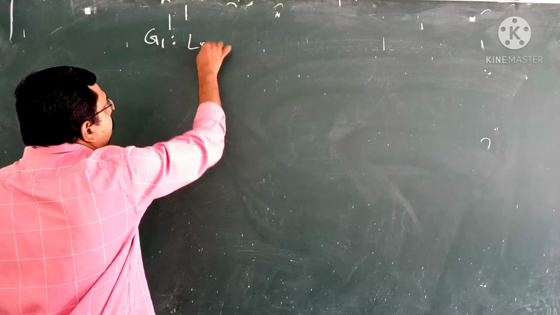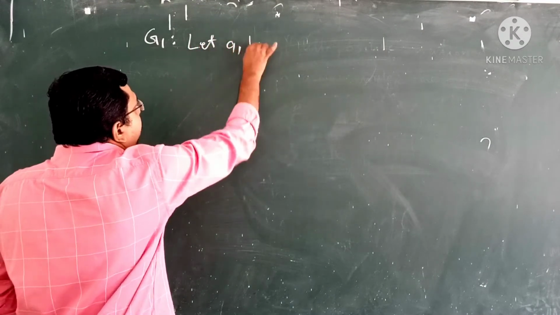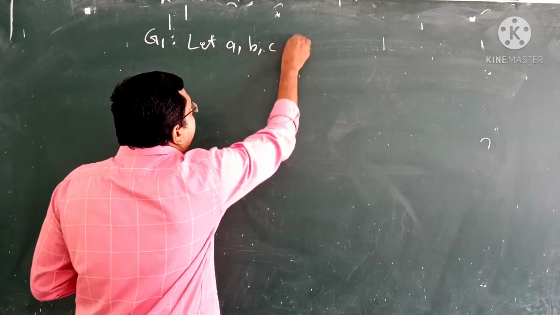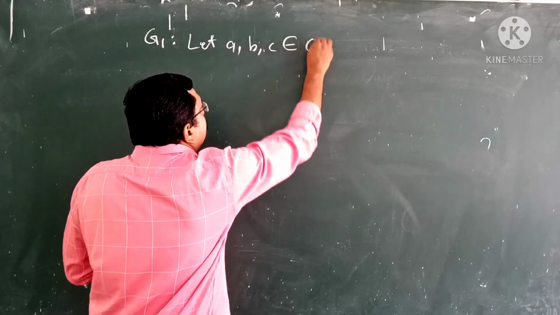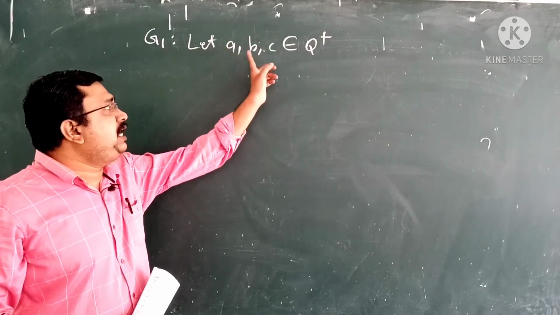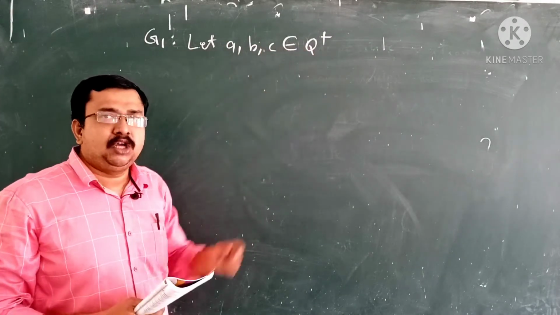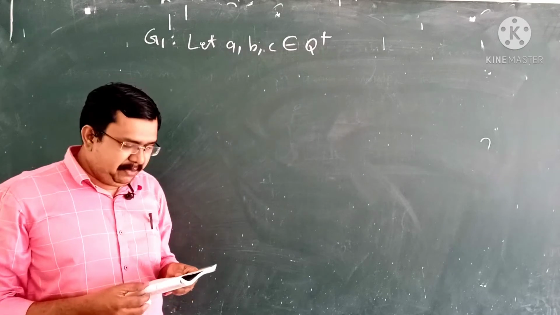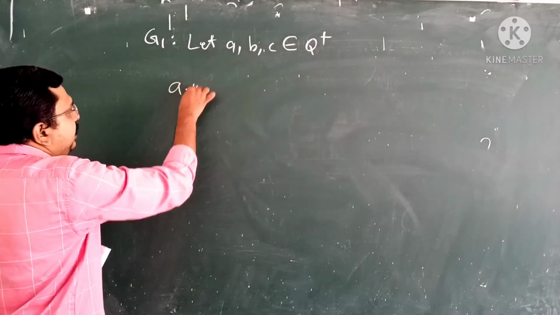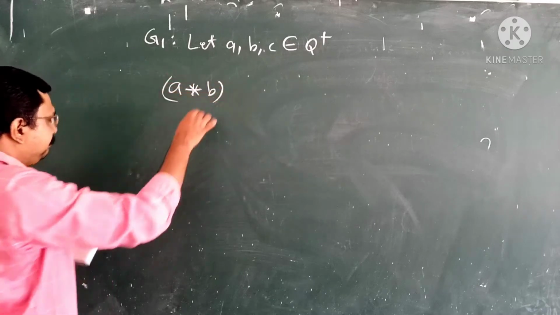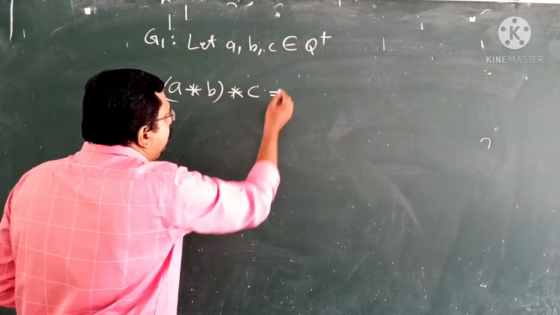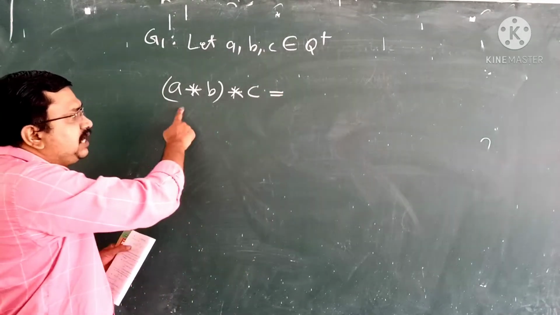Let a, b, c belong to Q plus. Then (a star b) star c equals, what is a star b?